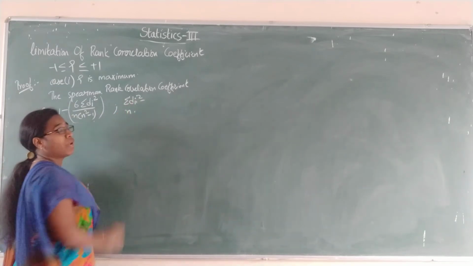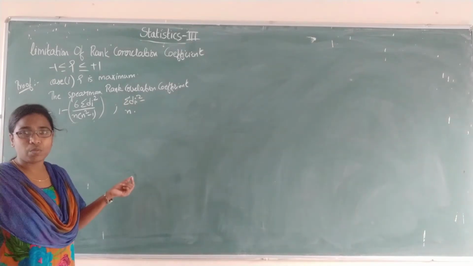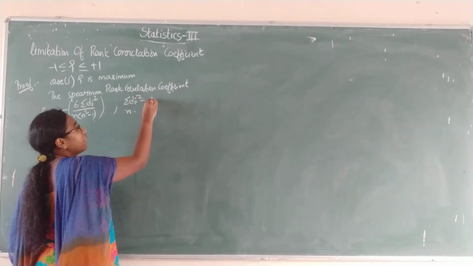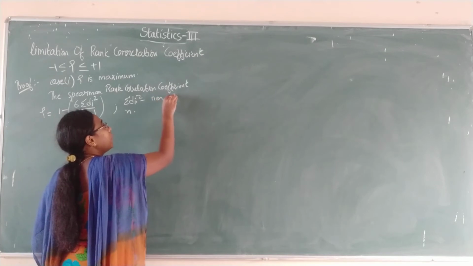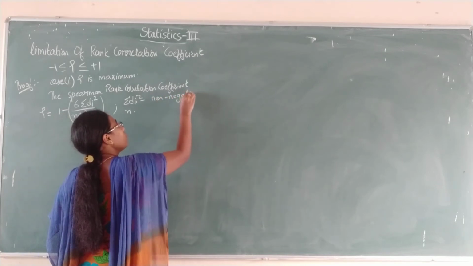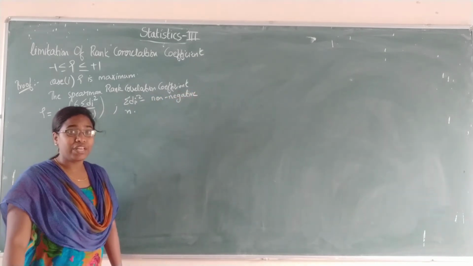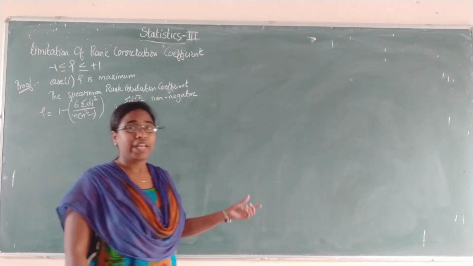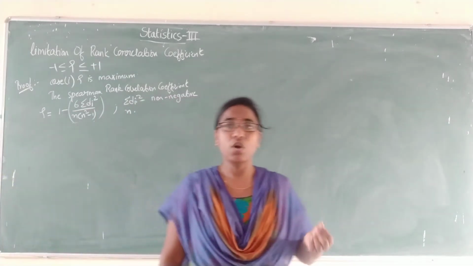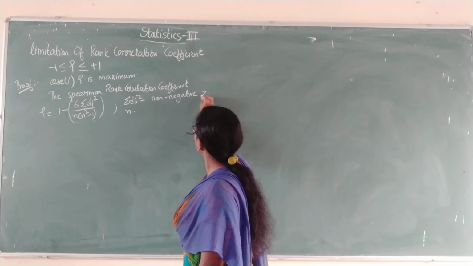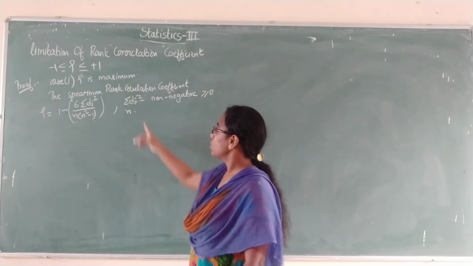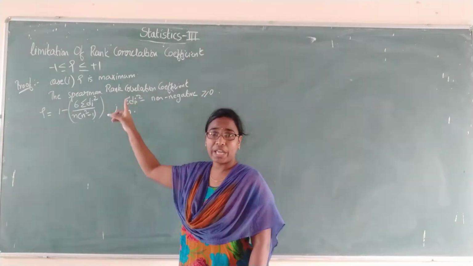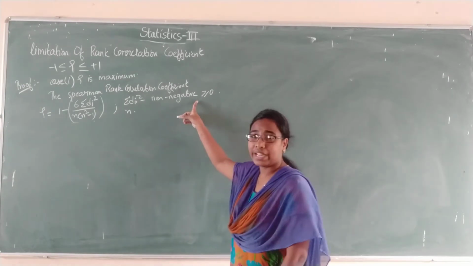Di square means the square of any value, and the square of any value is always non-negative. Non-negative means either 0 or positive, that is, greater than or equal to 0. So di square, being a square, is a non-negative value.